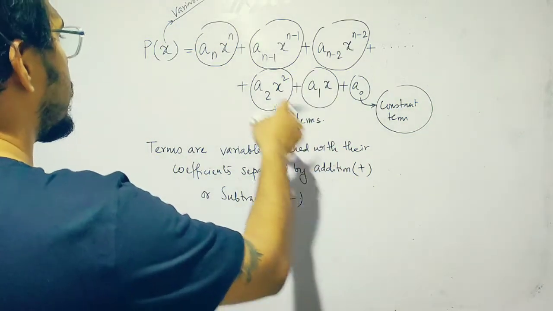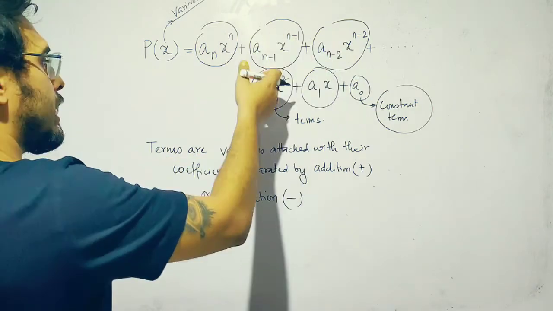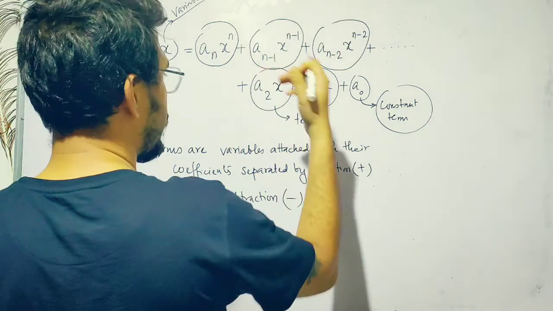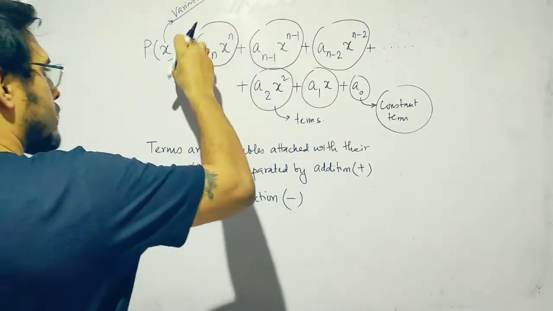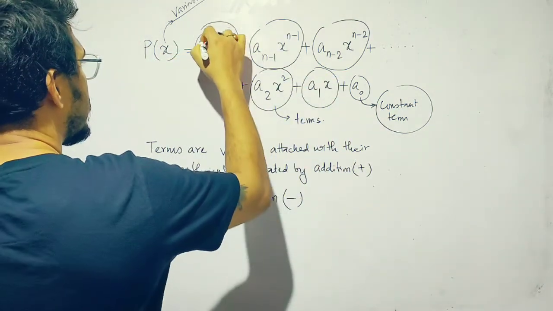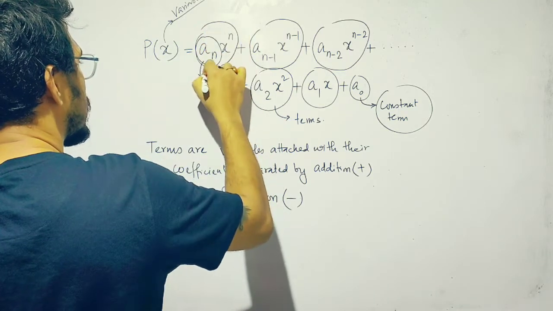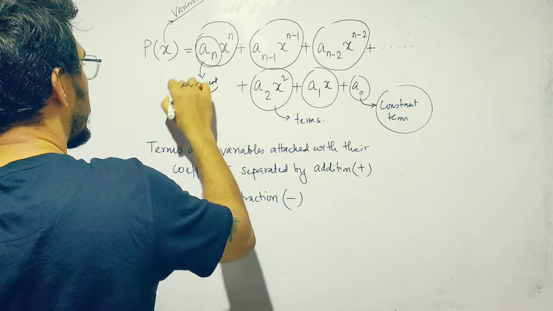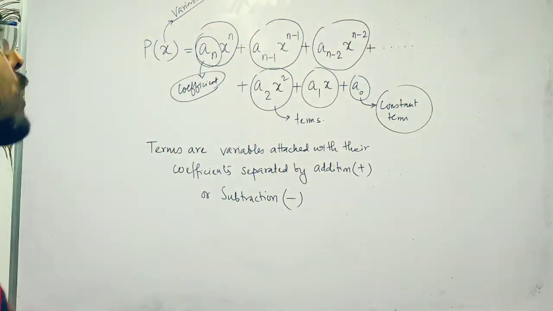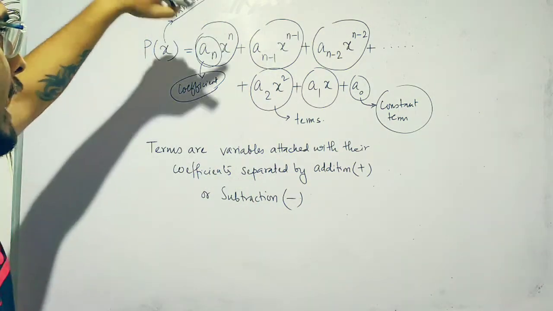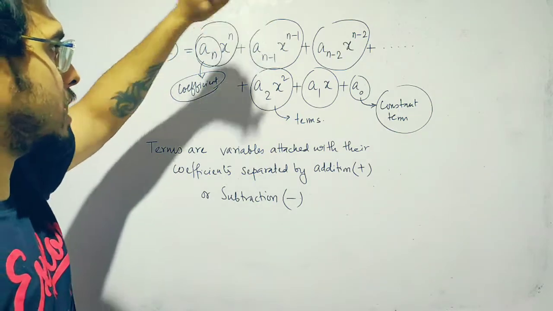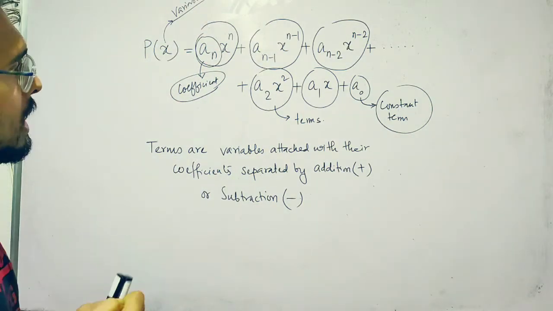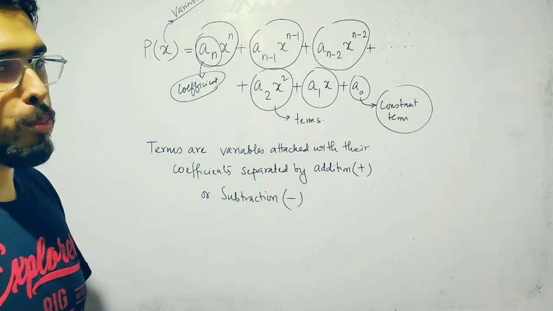Apart from it, all the other terms contain a variable. Whenever there is a variable and there is some other term attached with the variable, this is known as the coefficient of that particular variable. So here a_n is the coefficient of x^n, a_(n-1) is the coefficient of x^(n-1), a_(n-2) is the coefficient of x^(n-2), and likewise we will follow.